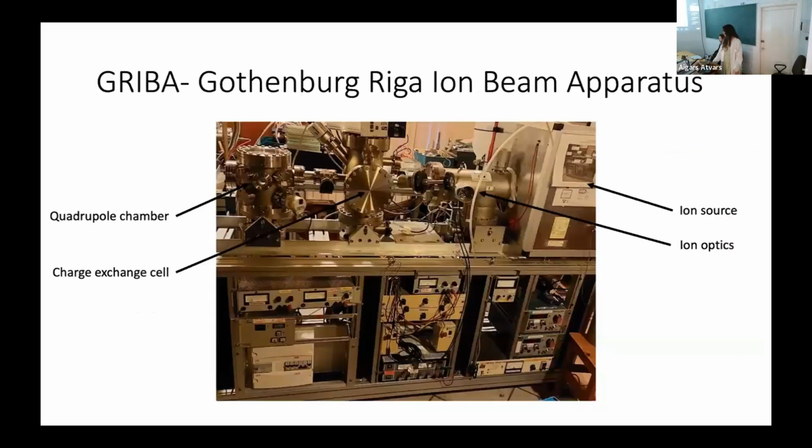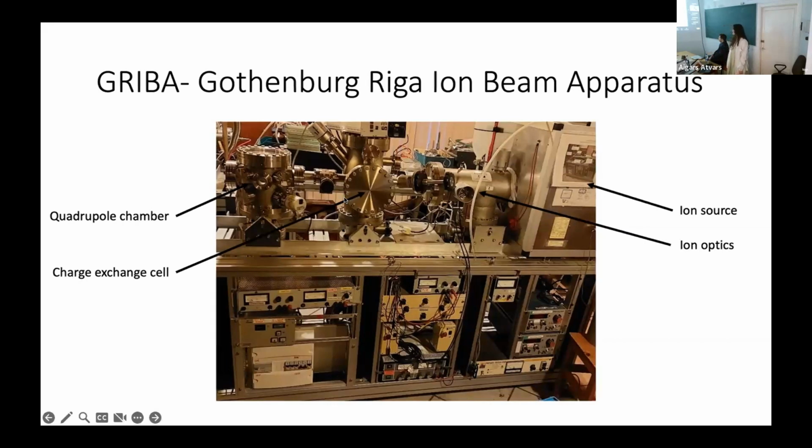Okay, and now how does this relate to Riga? There is a Gothenburg Riga ion beam apparatus. Here we can see an ion source with optics, electrostatic elements in the beam line that can guide these ions, and there's a charge exchange cell.